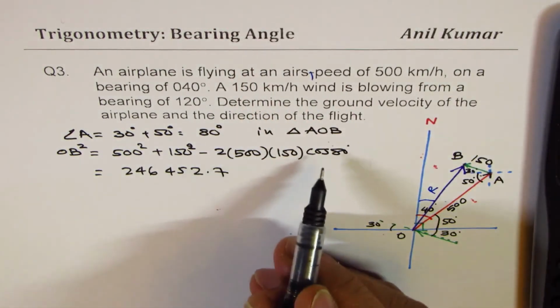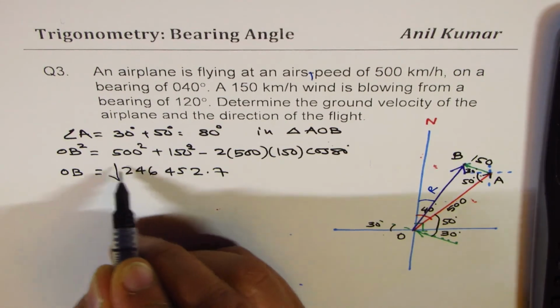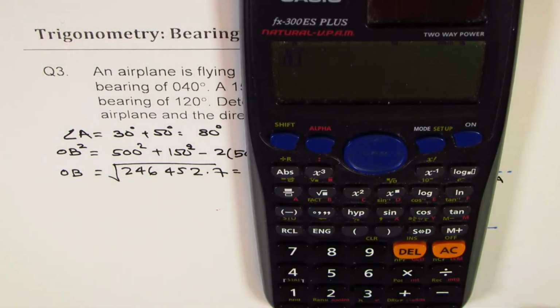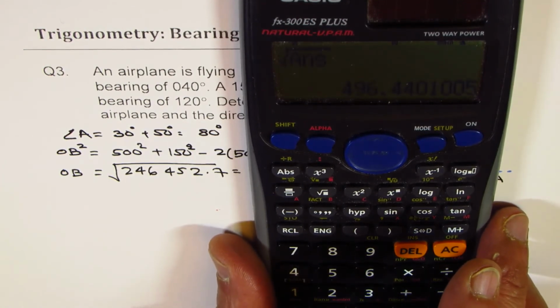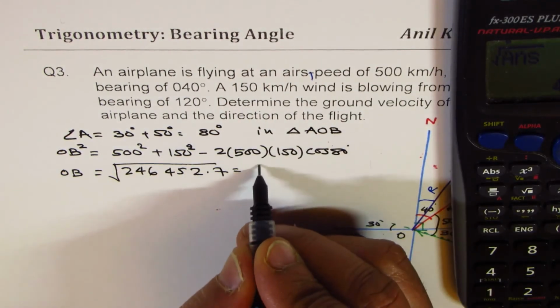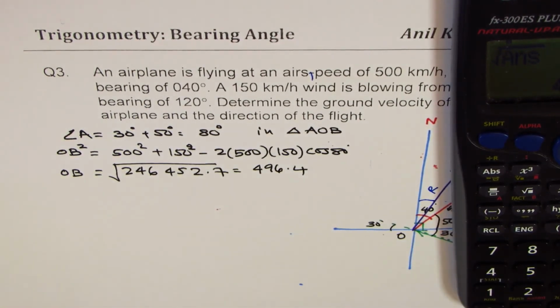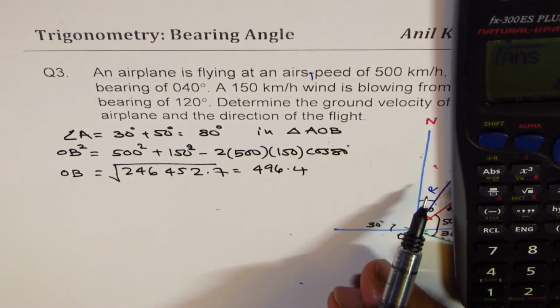So that is what this is equal to. But if I need OB, I will square root this number, right? So let me square root this number. So we do square root of our answer, and that is equal to 496.4. You check your calculations. My calculations could be incorrect. But I hope the method is clear, right?